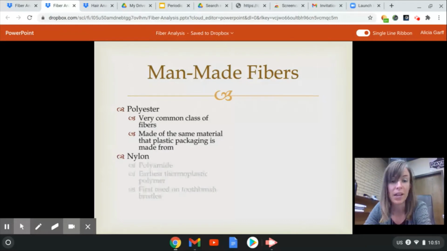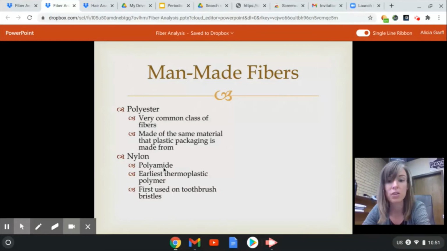Nylon is a polyamide, so kind of like wool and silk, but synthetic. It's the first synthetic thermoplastic polymer, and it wasn't actually used in nylons first. It was used on toothbrush bristles. Sorry. So that's kind of interesting.